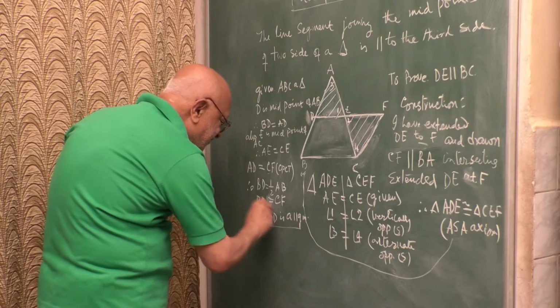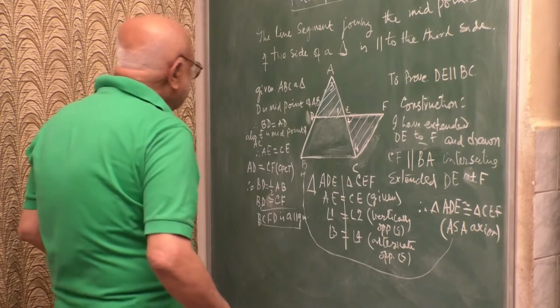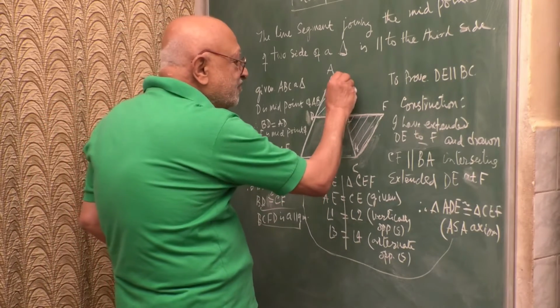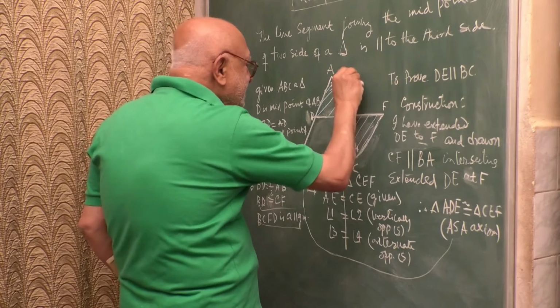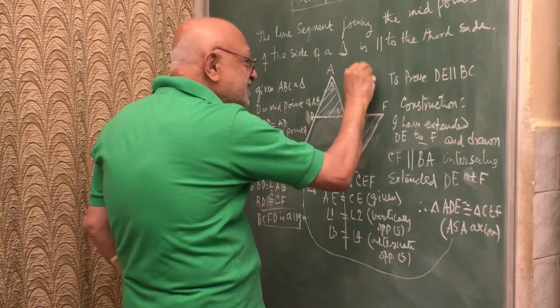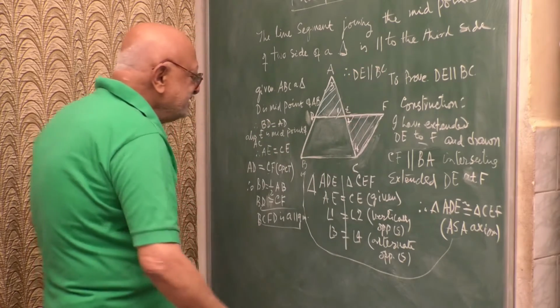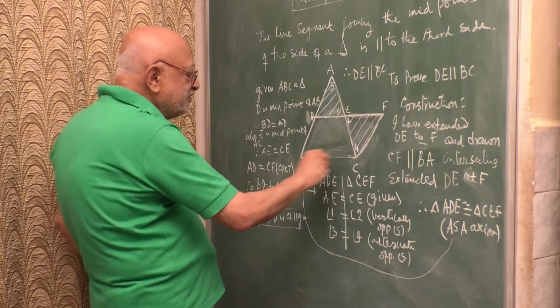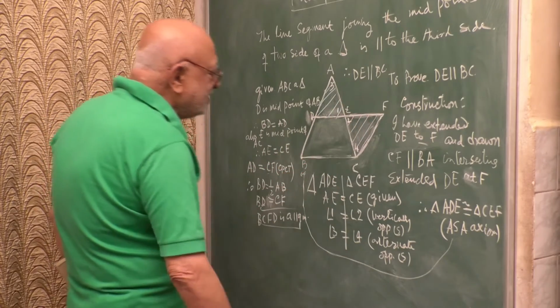If BCFD is a parallelogram, then we can easily say DE is parallel to BC, because this is a parallelogram.